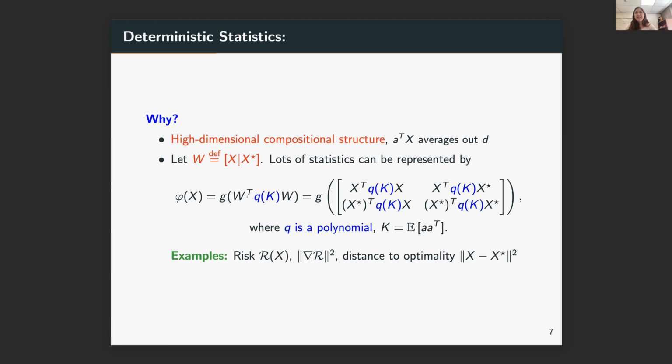What do I mean by W transpose Q W? I'm forming these 2x2 block matrices of the form X transpose Q of K X, X transpose Q of K X star, etc. Now, this block matrix is low dimensional. Why? Because you've already killed off the D side. D is the high dimensional side. Examples of this include the risk, the norm of the gradient, and distance to optimality, which can all be represented in this way.